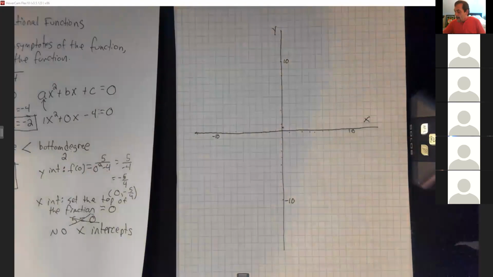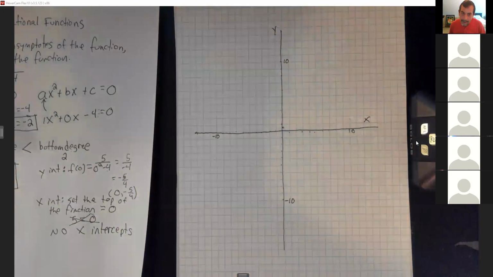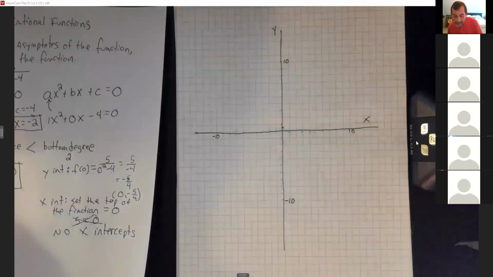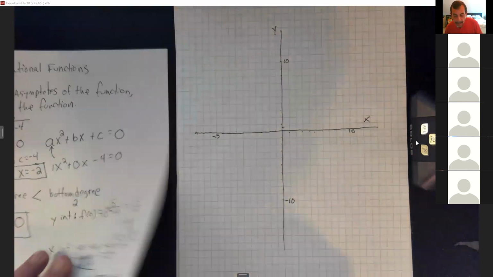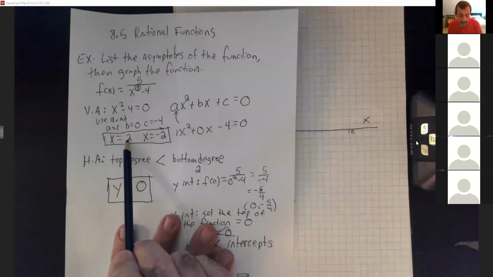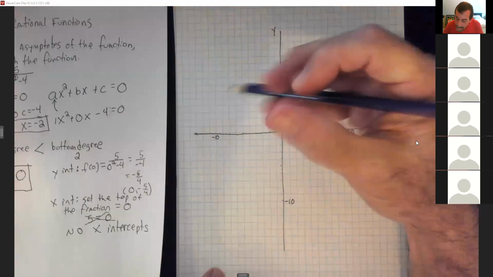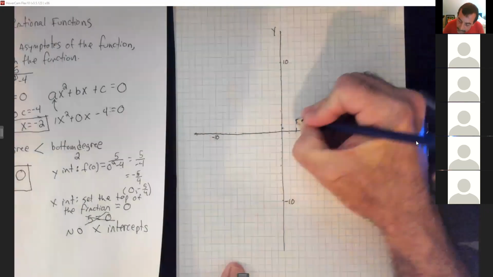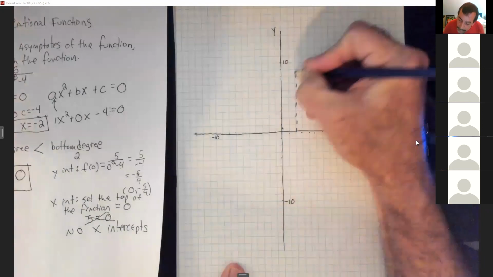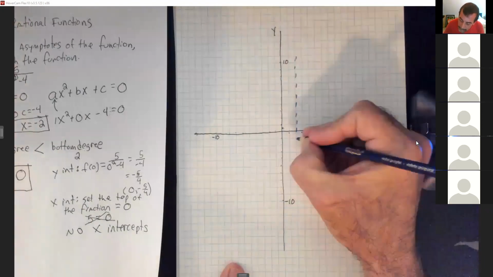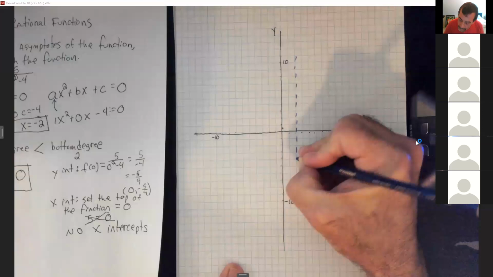Okay, so the first thing I'm going to draw are those vertical asymptotes, because my graph cannot cross over those vertical asymptotes. So on our paper, we had vertical asymptotes at 2 and negative 2. So we're going to draw imaginary vertical lines at x equals 2 and at x equals negative 2.